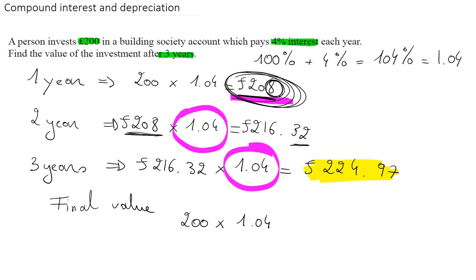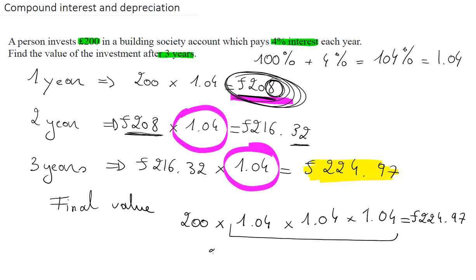So actually, what I could have done is just multiply 200 by 1.04 times 1.04 times 1.04. That would have gotten me the same answer, because that's also 224.97 pounds. Okay, this here, 1.04 times 1.04 times 1.04, I can rewrite as 200 times 1.04 to the power of 3. And that will give me £224 and 97 pence.